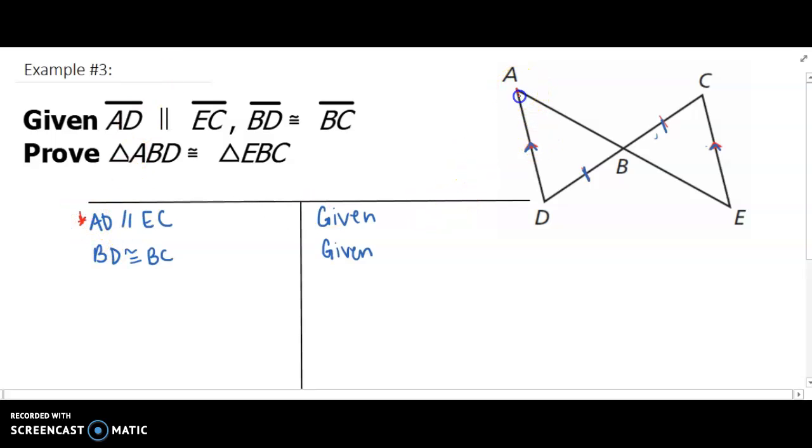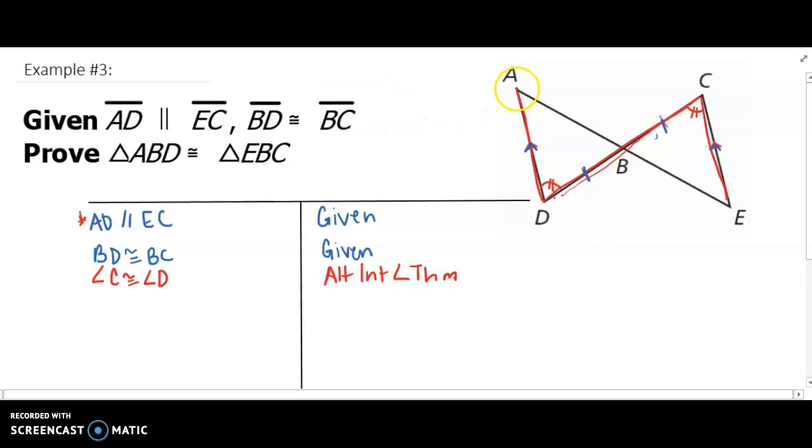If AD and EC are parallel to each other, what does that tell me? Let's use this as our transversal. If this is our transversal, this angle and this angle would be alternate interior angles, which means the angles would be congruent. So I can say angle C is congruent to angle D by the alternate interior angle theorem.